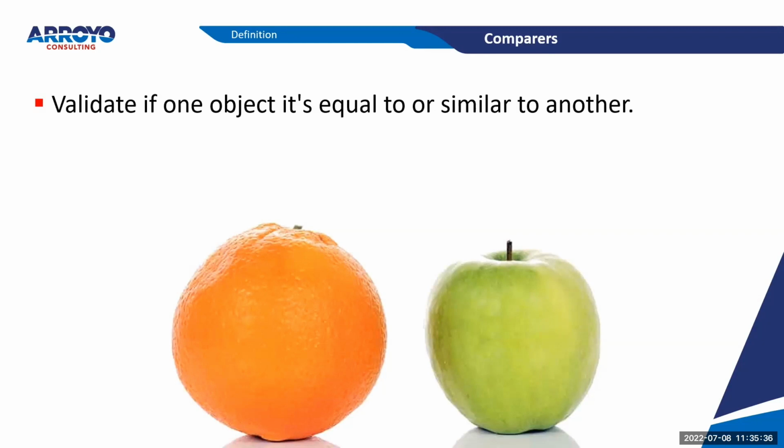When I say similar, it depends on the structure of the object. If you have an object that is pretty complex, with many fields, you have to establish a set or group of fields that you consider enough to compare, and you can say, okay, this is enough to say this object is similar to the other object.